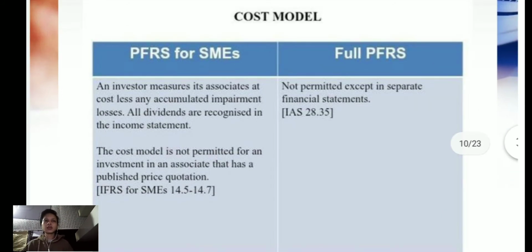Next is the cost model under PFRS for SMEs. An investor measures an associate at cost less any accumulated impairment losses.